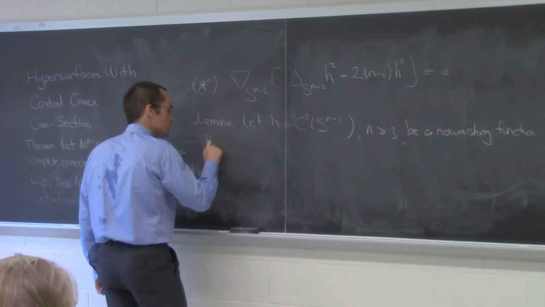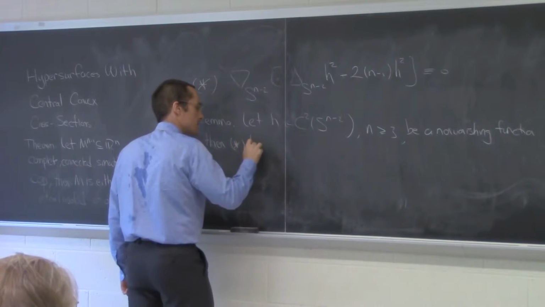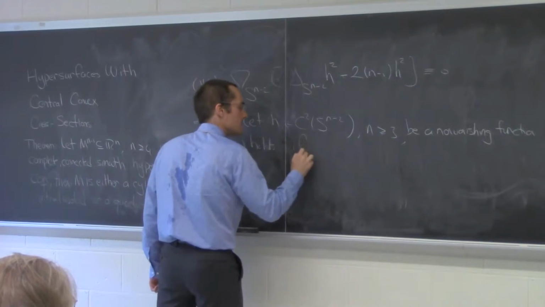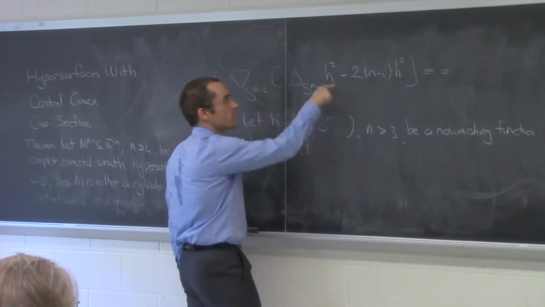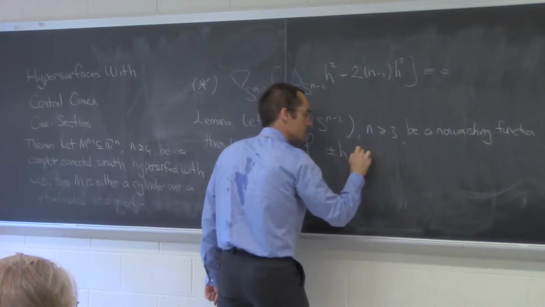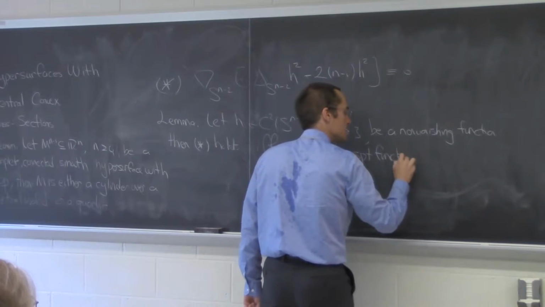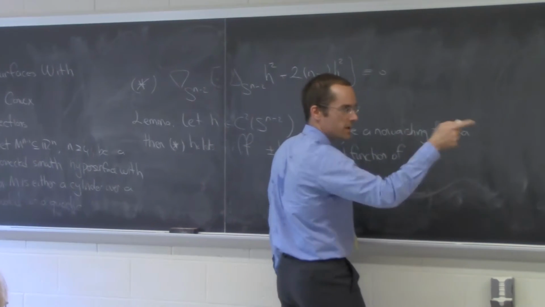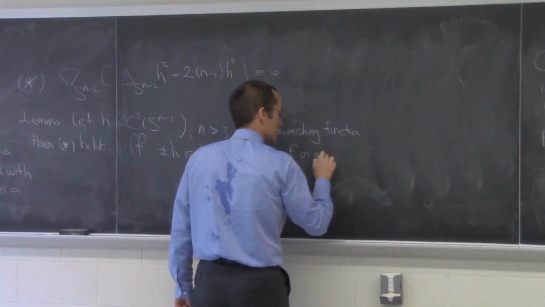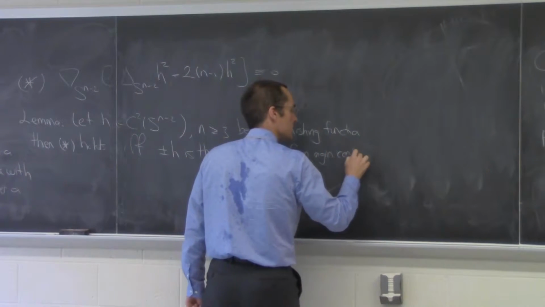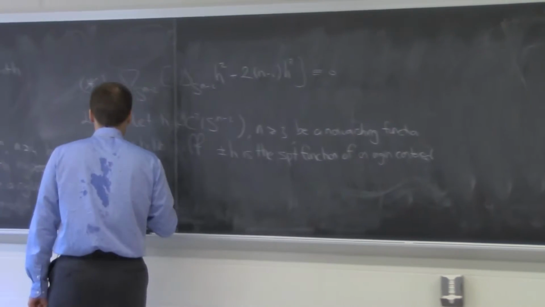Then star holds if and only if, of course, plus or minus h is the support function of an origin-centered ellipsoid.